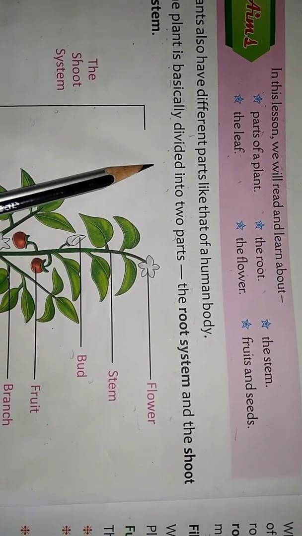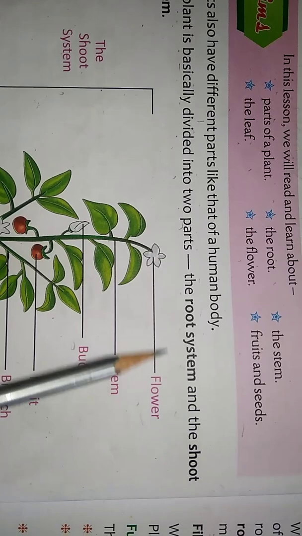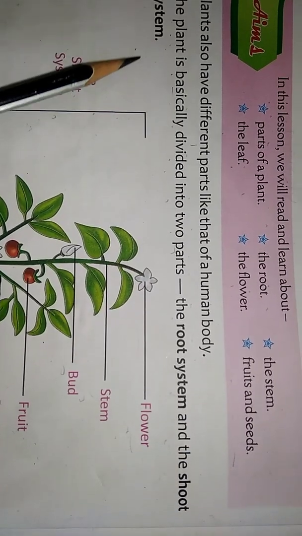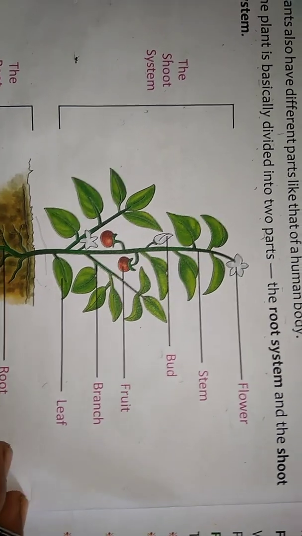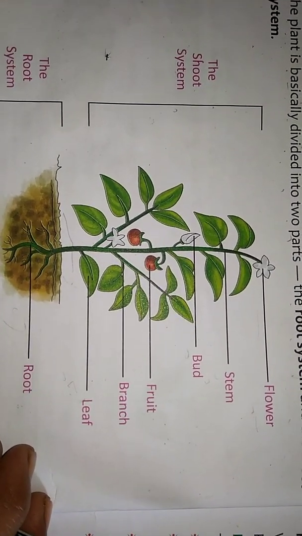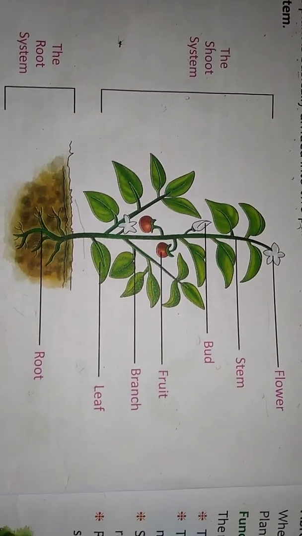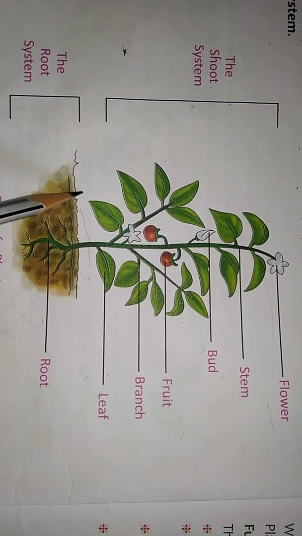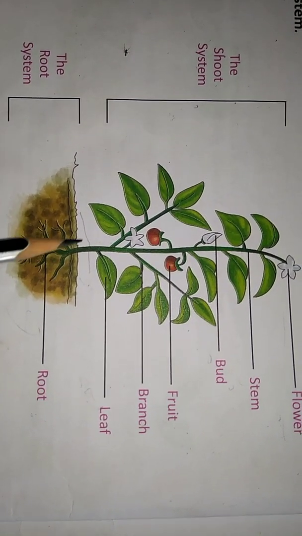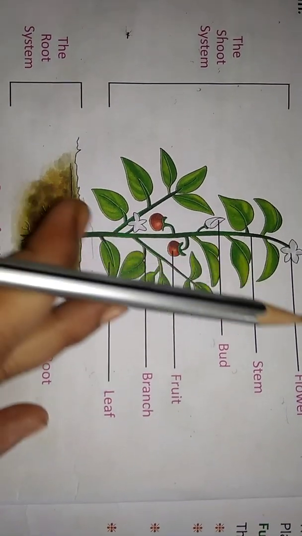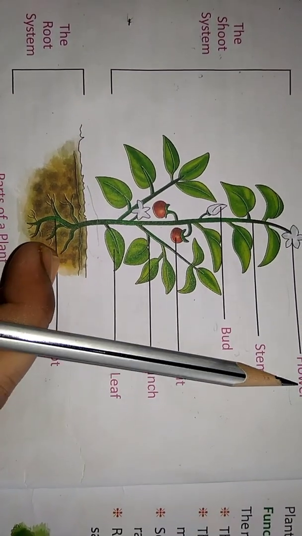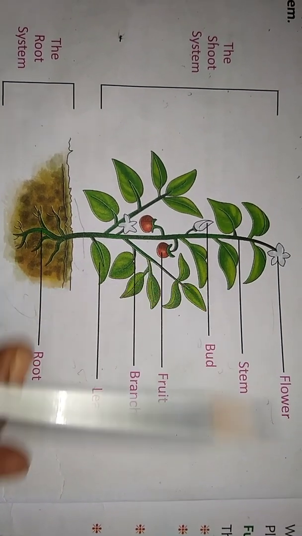The plant is basically divided into two parts, the root system and the shoot system. You can see here, they give you a diagram. Above the ground is the shoot system. Whatever is the visible part of the plant above the ground is known as a shoot.